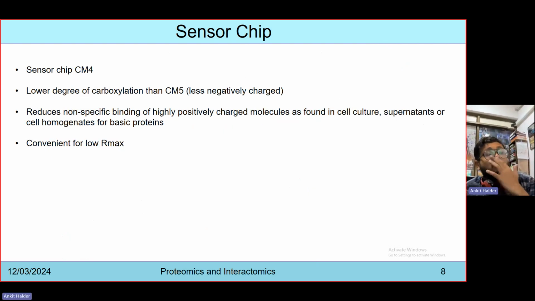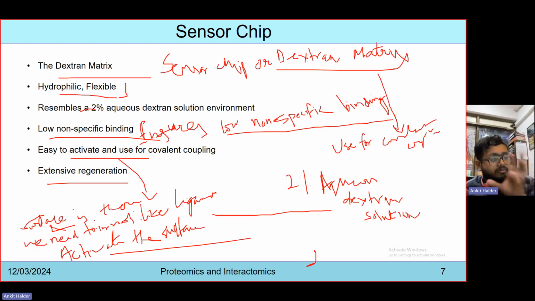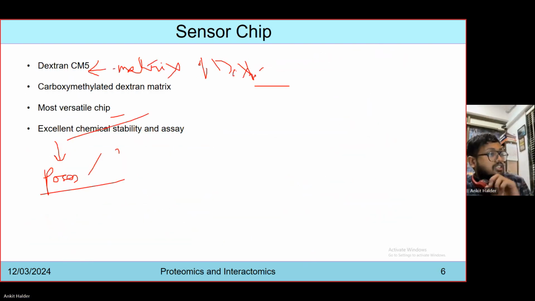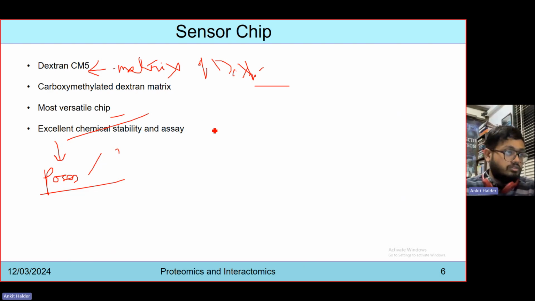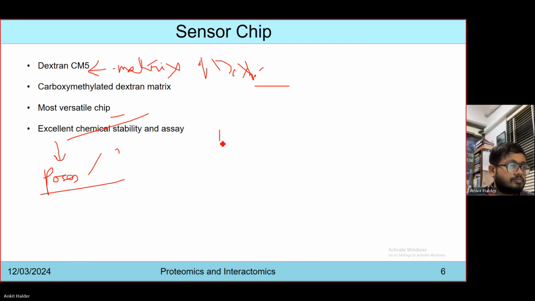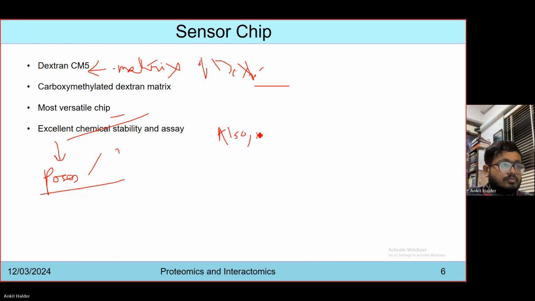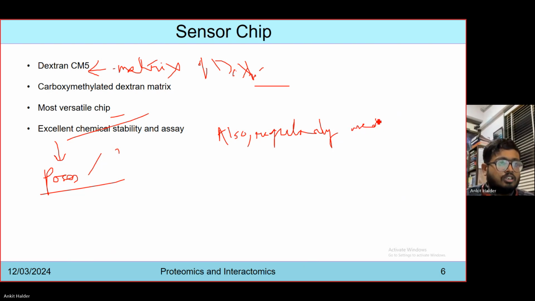This is the CM5 chip, which is very much used and regularly used.